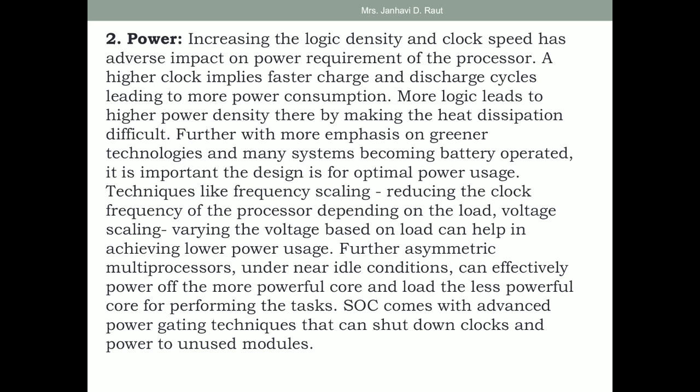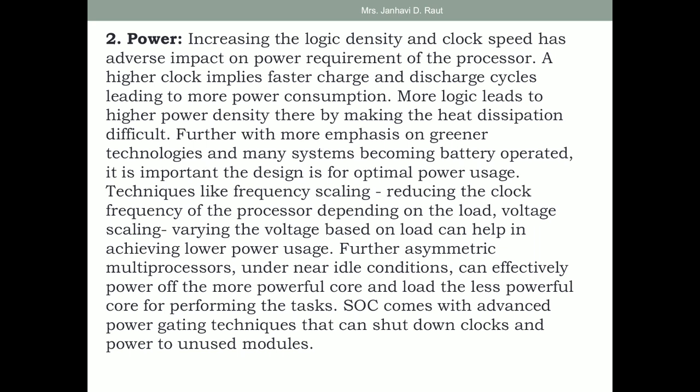Further, with more emphasis on greener technologies and many systems becoming battery operated, it is important that the design is for optimal power usage. Techniques like frequency scaling, reducing the clock frequency of the processor depending on the load, and voltage scaling, varying the voltage based on load, can help in achieving lower power usage.